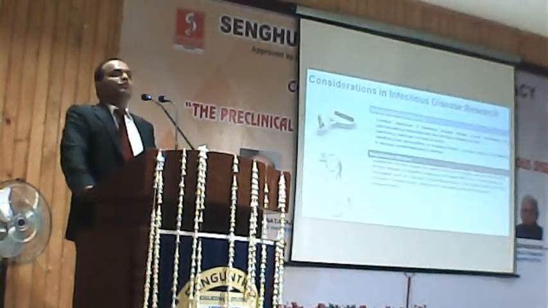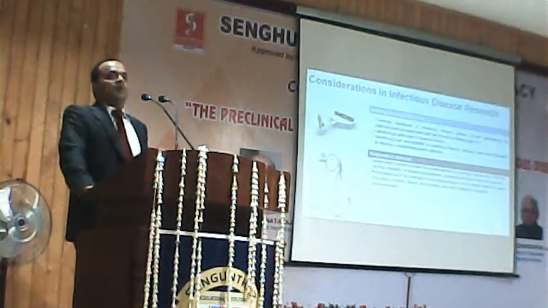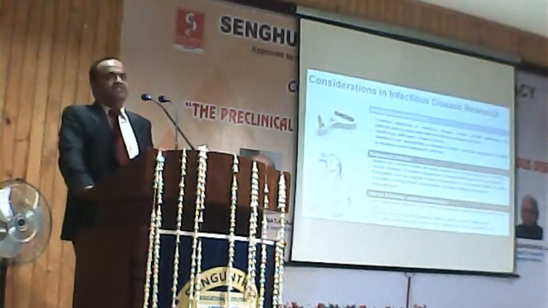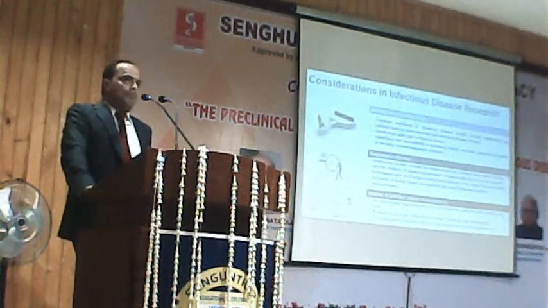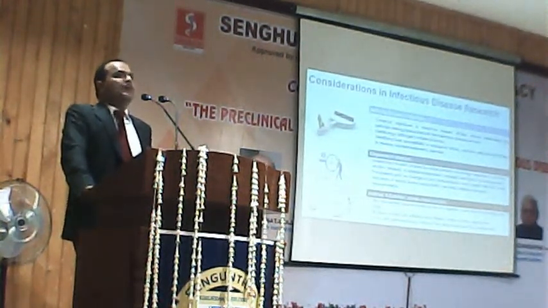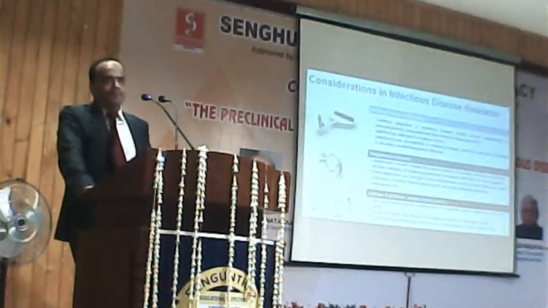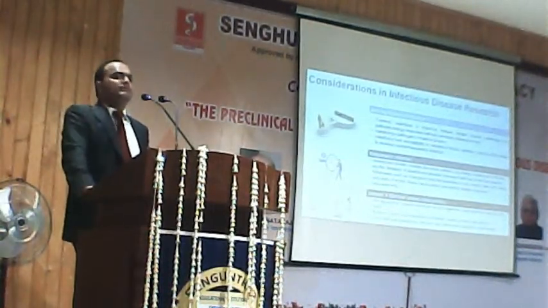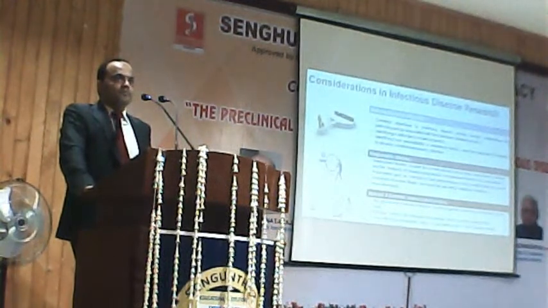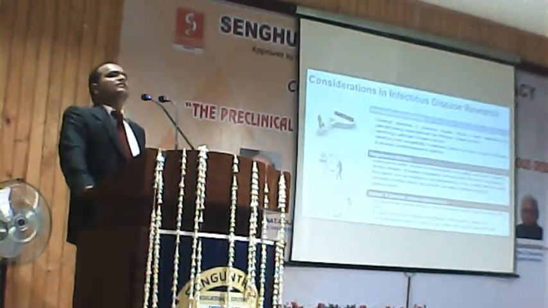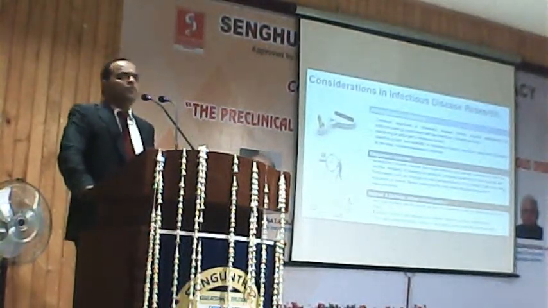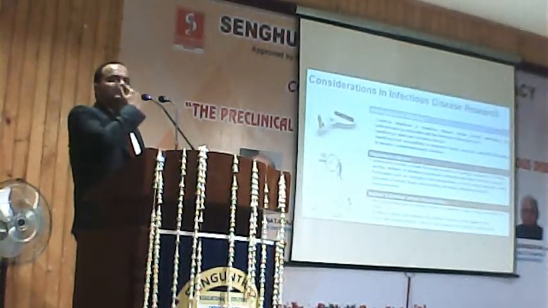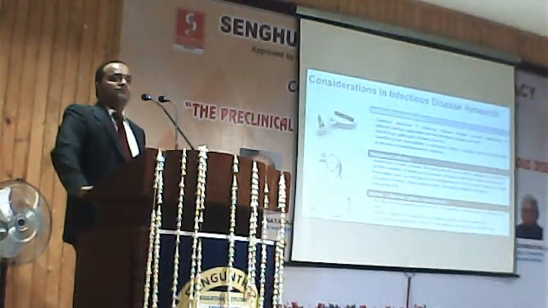For example, if you want to evaluate inter-host transmission, then selecting guinea pigs is the best model. If you are trying to check the immune response, then rodents are the best animal models. So we have to know about these objectives. Your objective is not just to treat these diseases; the objectives are different for every scientist and every researcher.